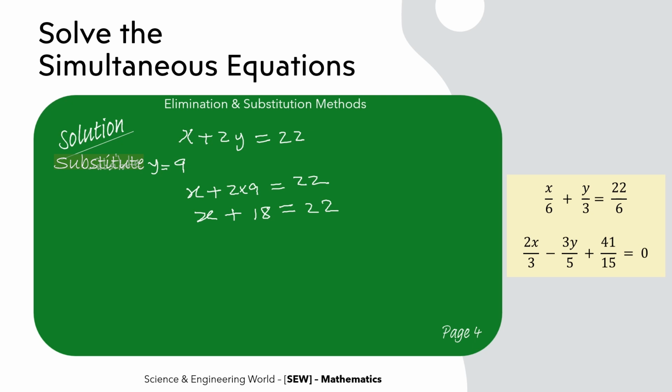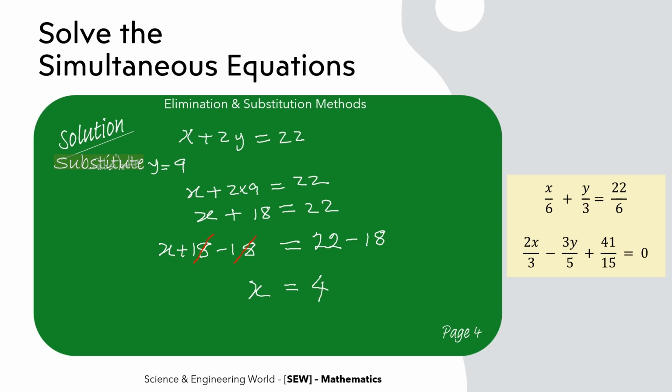So we need x. In order to find x, we have to take this 18 away from the left hand side, and we must take that 18 away from this side as well. So that's 22 minus 18. 18 minus 18 will be 0, and then we are left with x equals 22 minus 18, which is 4.